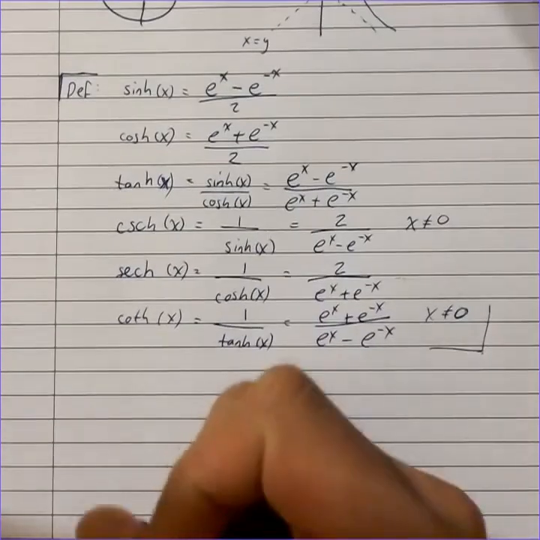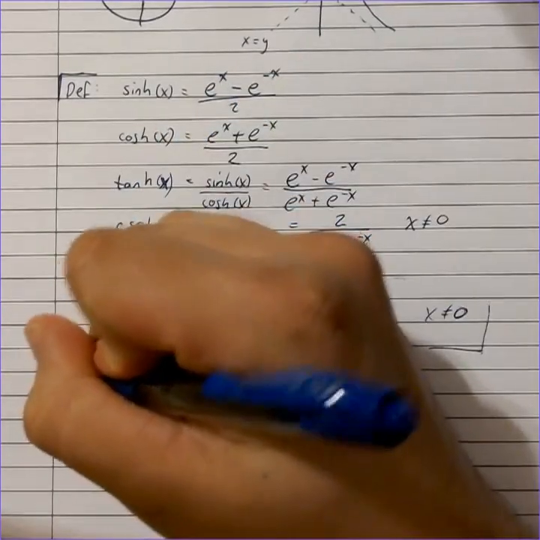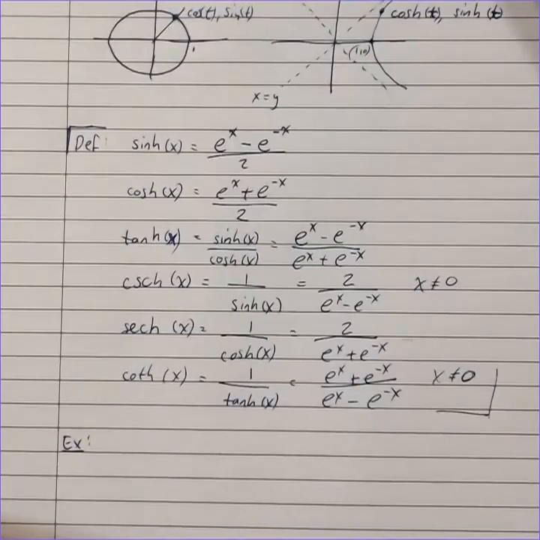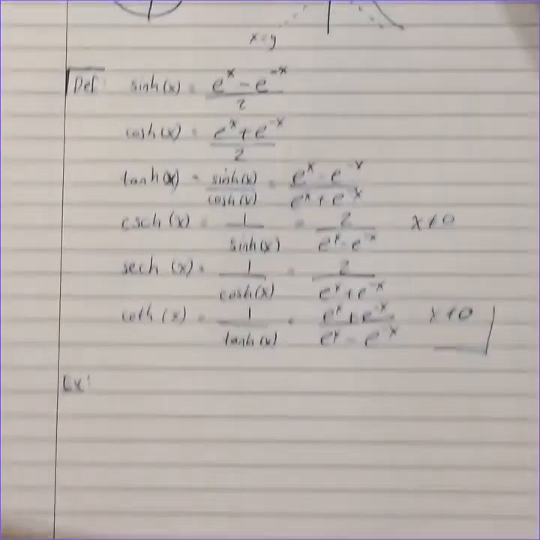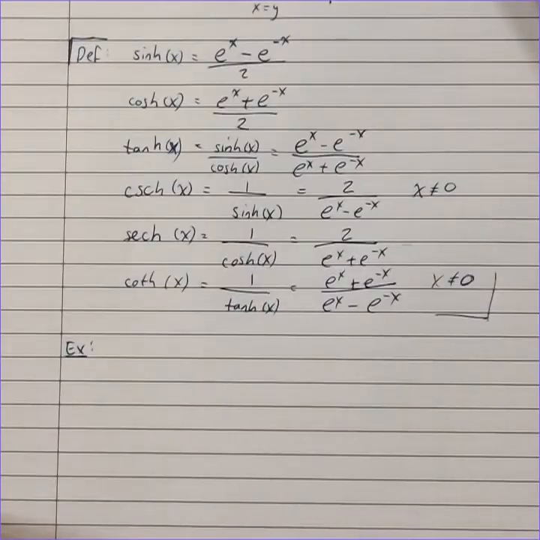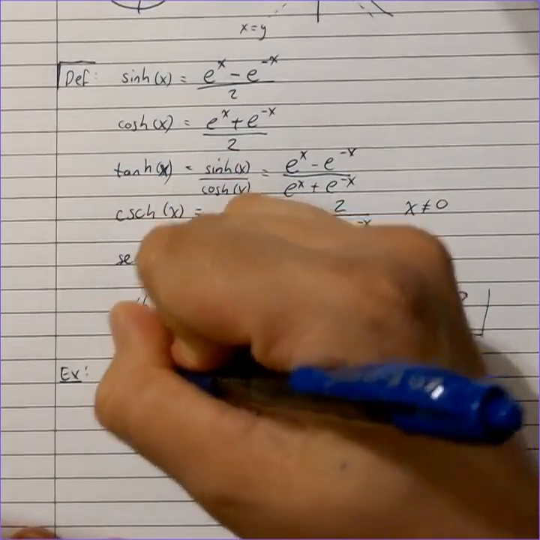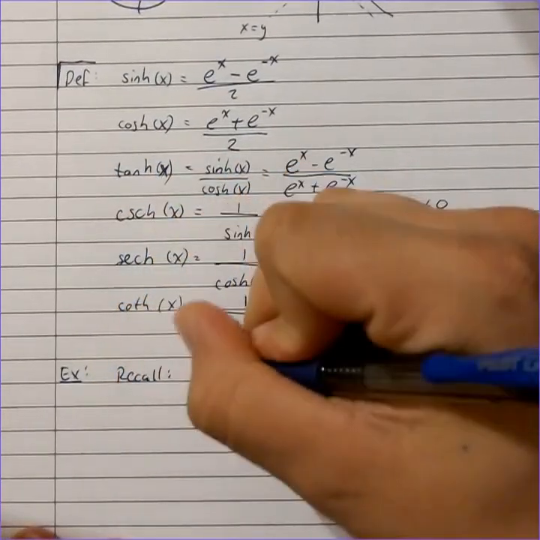All right. For now, we're going to give a single illustration of the similarities between the hyperbolic functions and the trigonometric functions. And that is, we're going to establish the fact that a very well-known identity is very similar between these two systems. So here I will ask you to recall the Pythagorean identity.